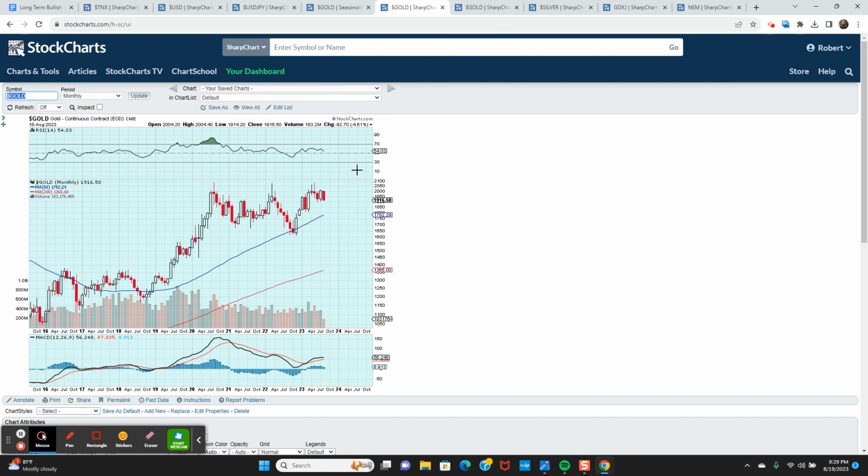And sometime in 2024, there is actually a new all-time high breakout above 2100. That's the bull case. That would be a completely normal sequence of events, long term, for an asset like gold and precious metals.